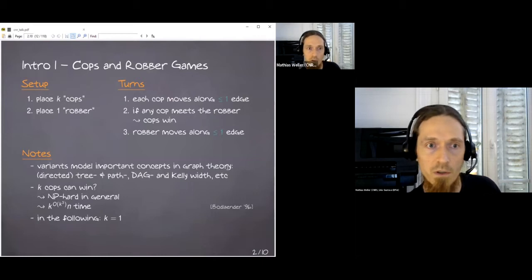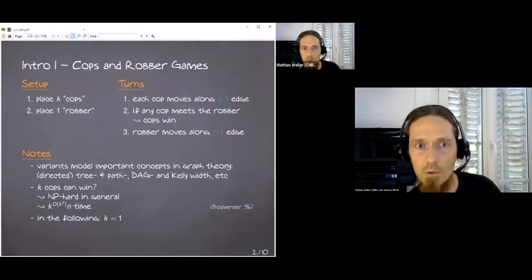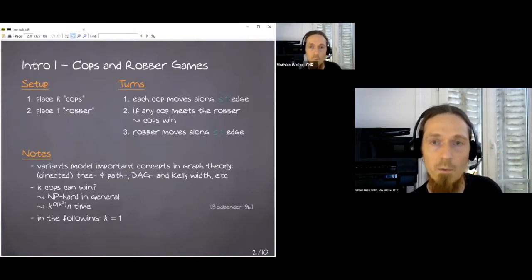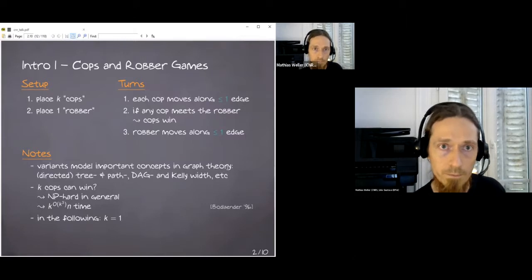Which is shown to be NP-hard in general on static graphs, but can be solved for each constant k in linear time. However, in the following, we'll just consider a particular case, namely the one where k equals 1. So the question is: is one cop enough to catch the robber?